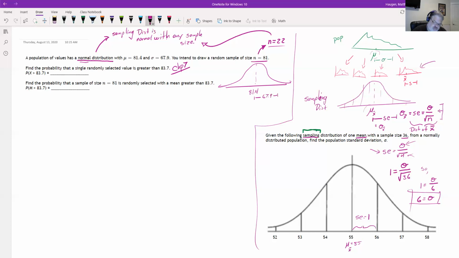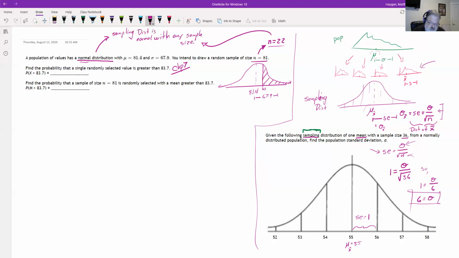It's massive by comparison. If we want to know the probability that a single randomly selected value is greater than 83, say that's 83, that's this area. And you remember doing that from chapter 7, right? And that's going to be somewhere around 50%.